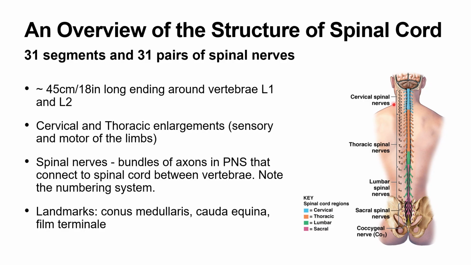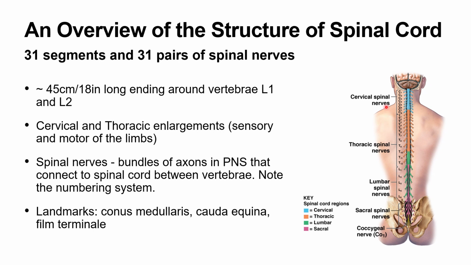when we talked about the individual segments in the skeletal system, if you remember, there are going to be 7 total vertebrae in the cervical spine, 12 total vertebrae in the thoracic spine, and 5 total vertebrae in the lumbar spine.